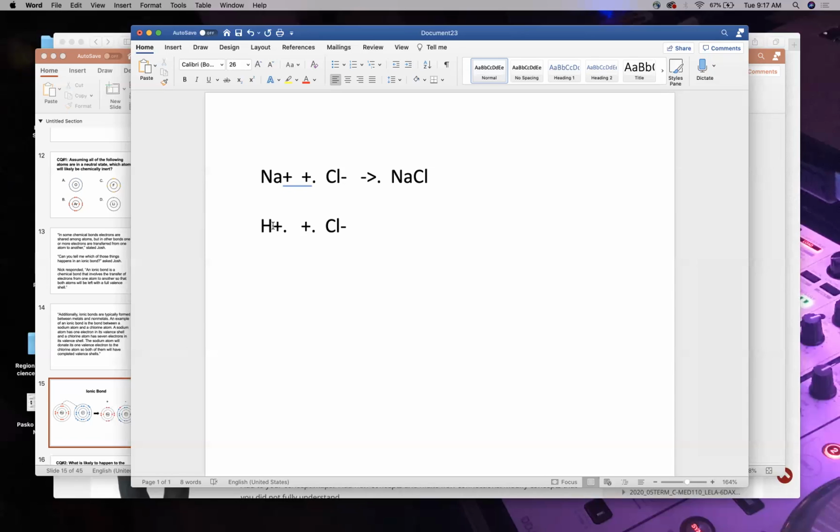That's a plus 1 with a negative 1. That will yield, how do I make an arrow here? There we go. Hydrochloric acid. Sodium chloride, of course, is table salt. HCl is hydrochloric acid. Okay, and these are examples of ionic bonds.